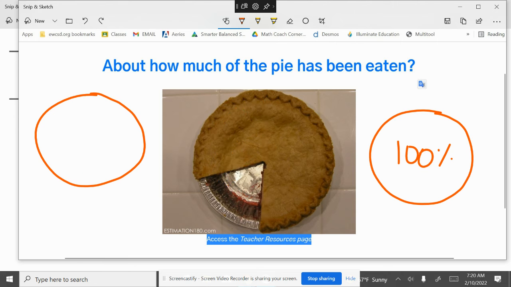We can also say, I cut it this way, and I cut it this way. Aren't these all going to be 25%? Go ahead and take a look at this and see, what are you thinking here with this one?